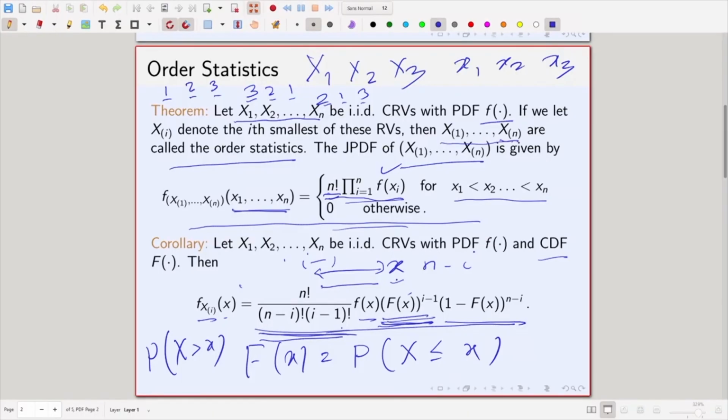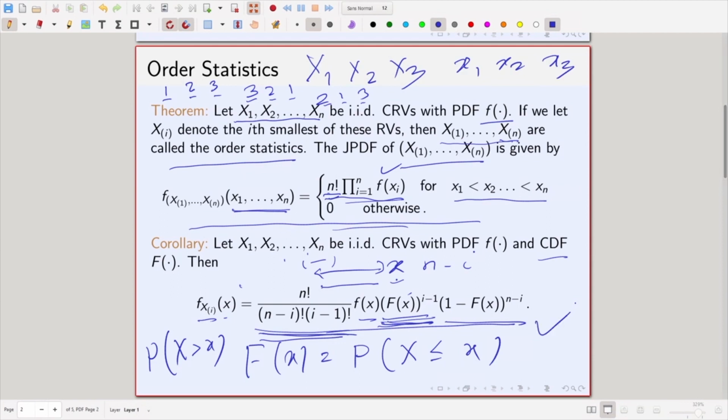Given n things, you choose which i minus 1 get values less than x and which n minus i get values greater than x, and that grouping can be done in n factorial divided by (n minus i) factorial times (i minus 1) factorial ways. That gives rise to this density.